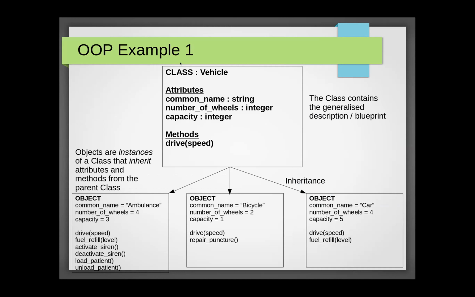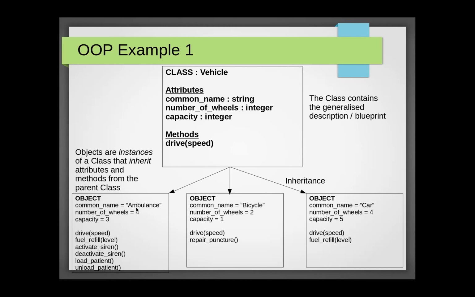No, so the first thing to say is you can have as many tiers as you want. So you could have a parent of vehicle, for example, and a child of ambulance. You can go up as much as you like with each child inheriting things from the parent. But generally speaking, for most of the stuff you do, you'll have a single class for a type of thing, and then you just create instances of that.